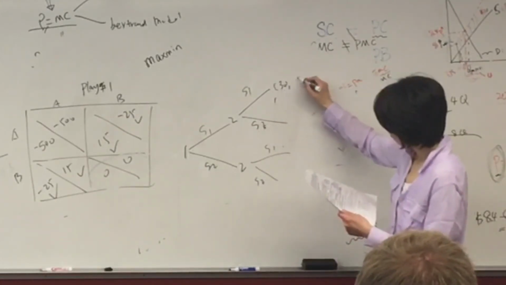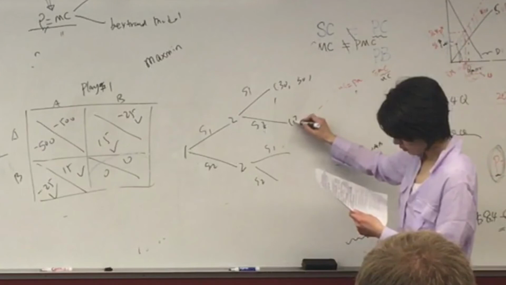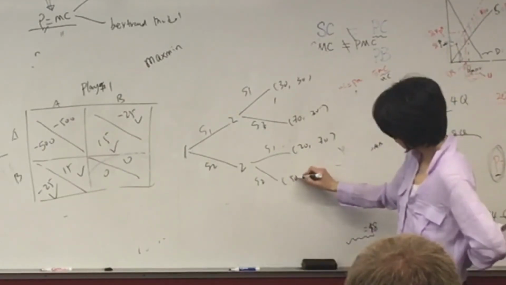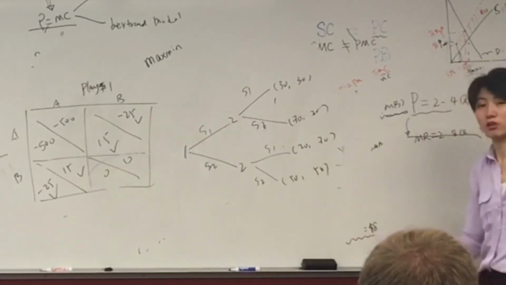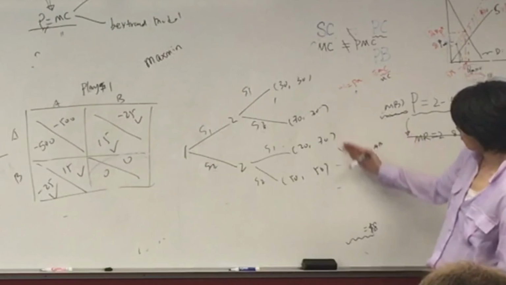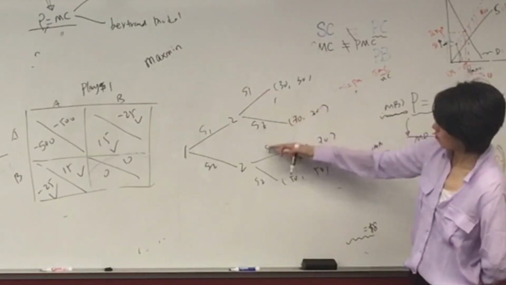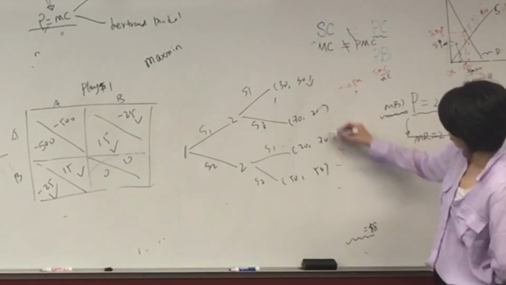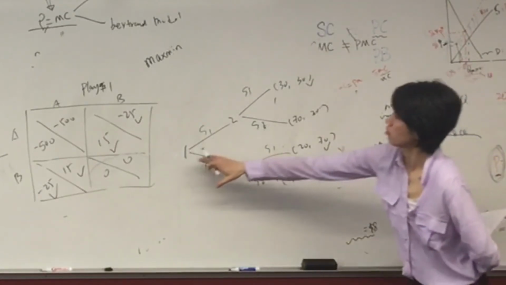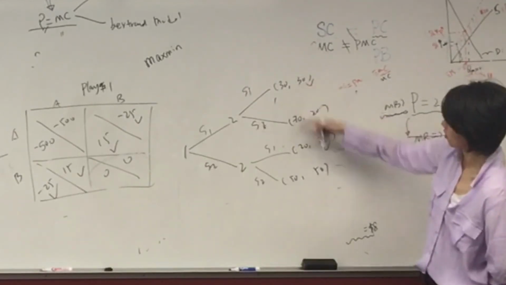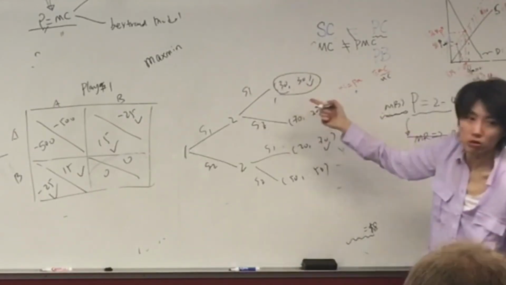The payoffs are 30, 30, 70, 20, 20, 70, 50, 50. And then how to get the Nash equilibrium for this sequential game? Work backwards. Look at the second mover's payoff, the higher one, and then the first mover will know that the second mover will choose this strategy 2, and then compare 30 to 20, and this is the Nash equilibrium.